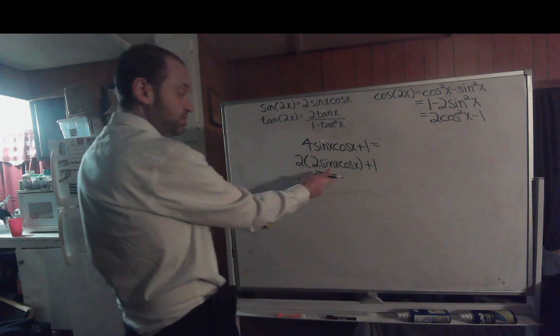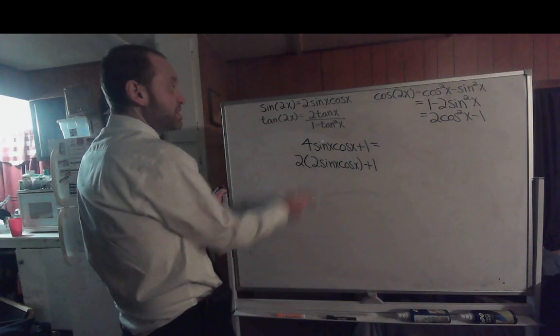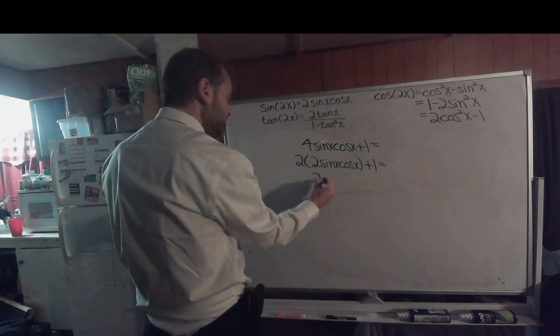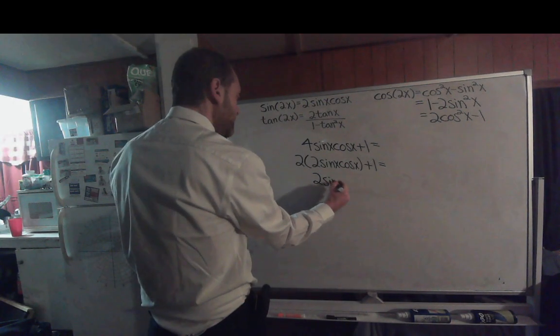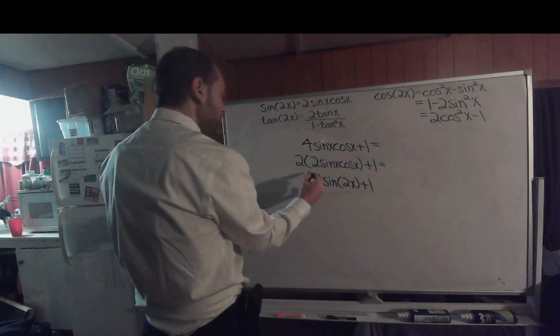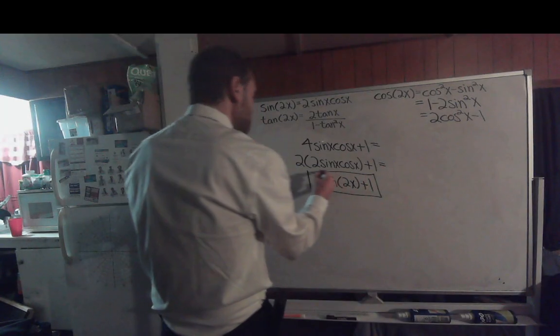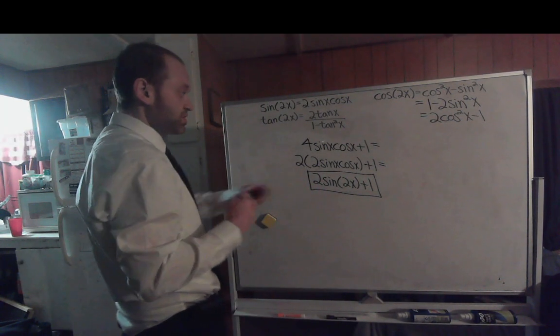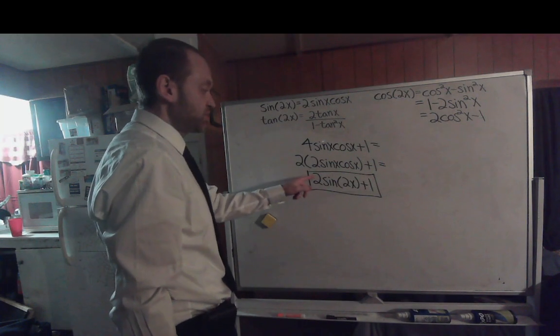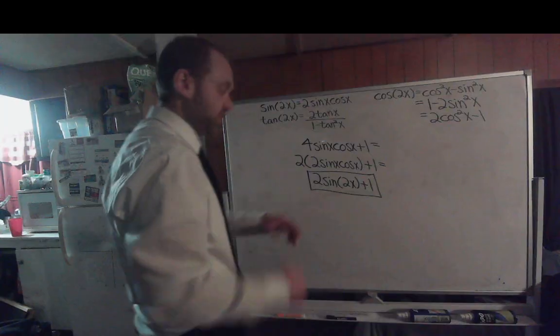Well, what is 2 sine of x cosine of x? That's just the sine of 2x, so this would end up simplifying into 2 sine of 2x plus 1. So what you started with, 4 sine of x cosine of x plus 1, is the exact same thing as 2 sine of 2x plus 1.